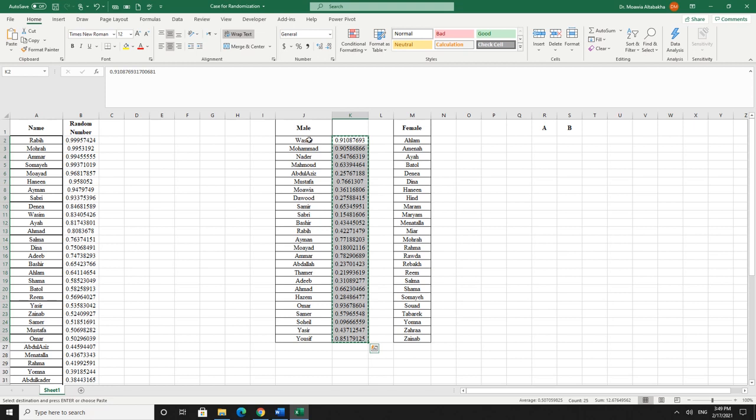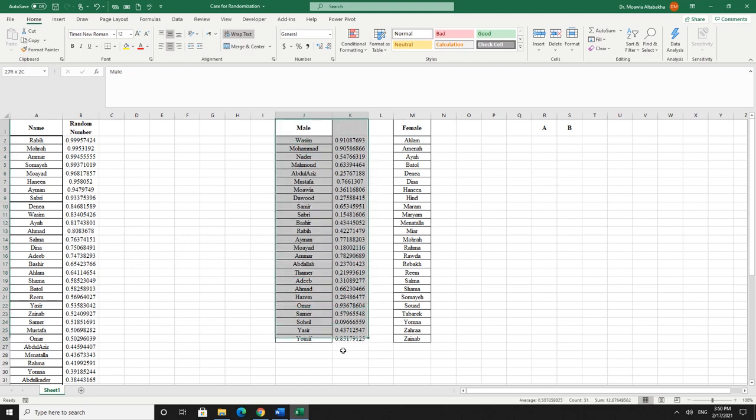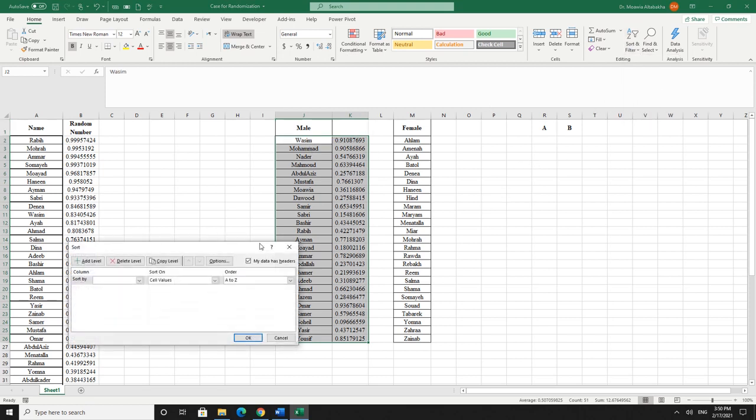You have to change it to numbers, and then I will sort it. No, I have to take it from the top here. Look, Wasim is the first and then Muhammad. Now see what will happen.